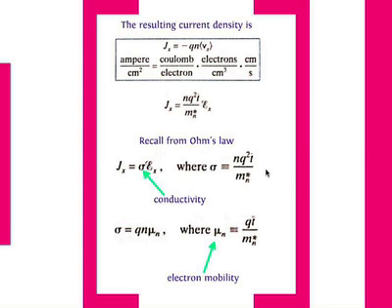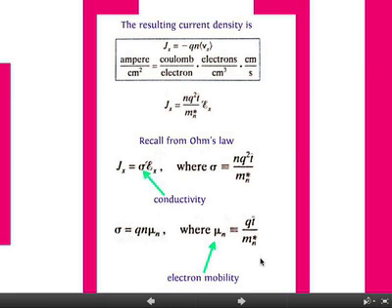Mu n is an important quantity which refers to the mobility of the electron. It's the electron mobility. And from here we can see mu n is just related to q tau bar over m n star. What's important about mu n, the electron mobility, is that it only depends on the material.